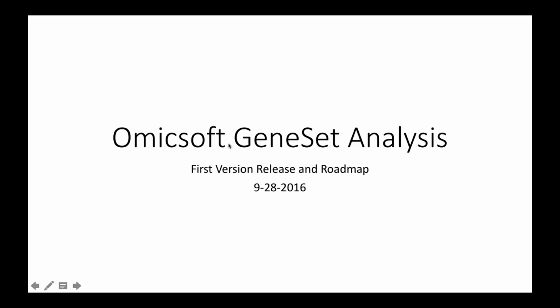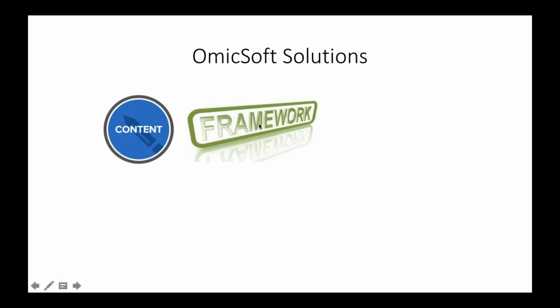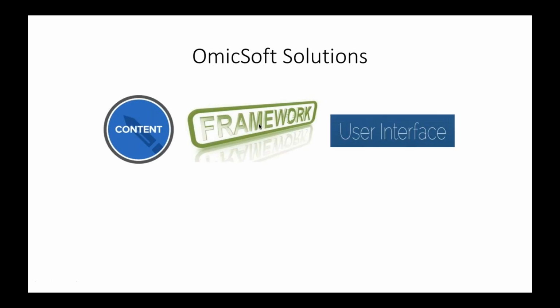So we're going to talk about our new GeneSet Analysis software that's built into Array Suite, and just cover briefly what most of you know already, which is that Omicsoft has content, framework, and then a UI. In the framework, we have our land technology, the project management side of things, sample management, and the different analytics.